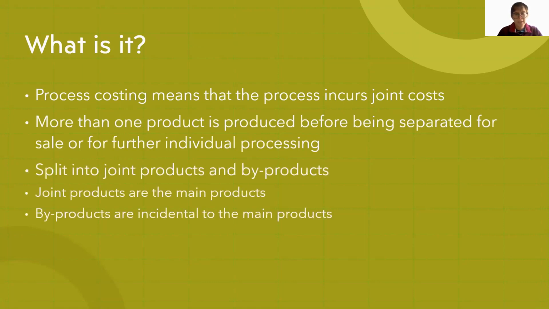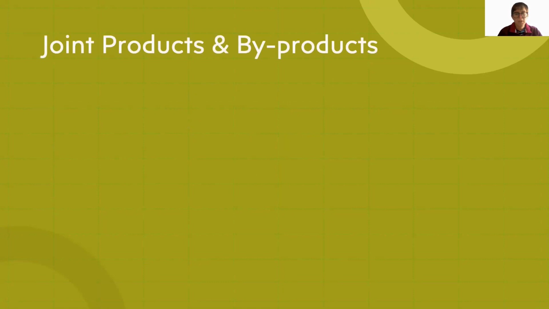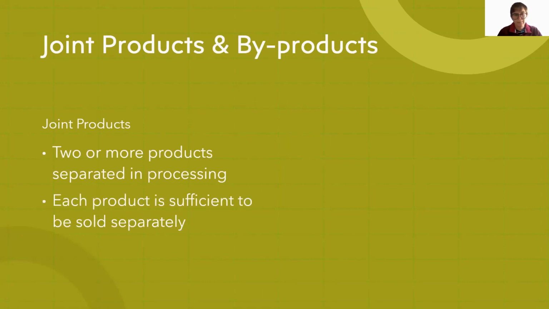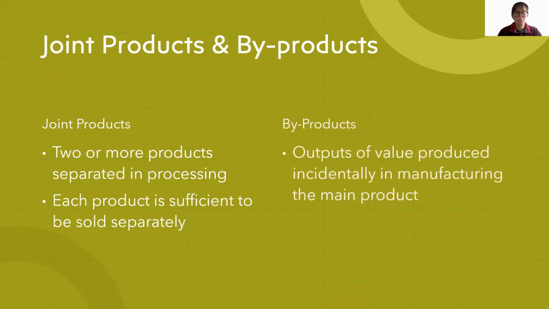Joint products will be the main product, while byproducts are incidental to the main products. So, joint products: two or more products separated in processing, and each product is sufficient to be sold separately. Byproducts, on the other hand, are outputs of value produced incidentally in the manufacturing product.